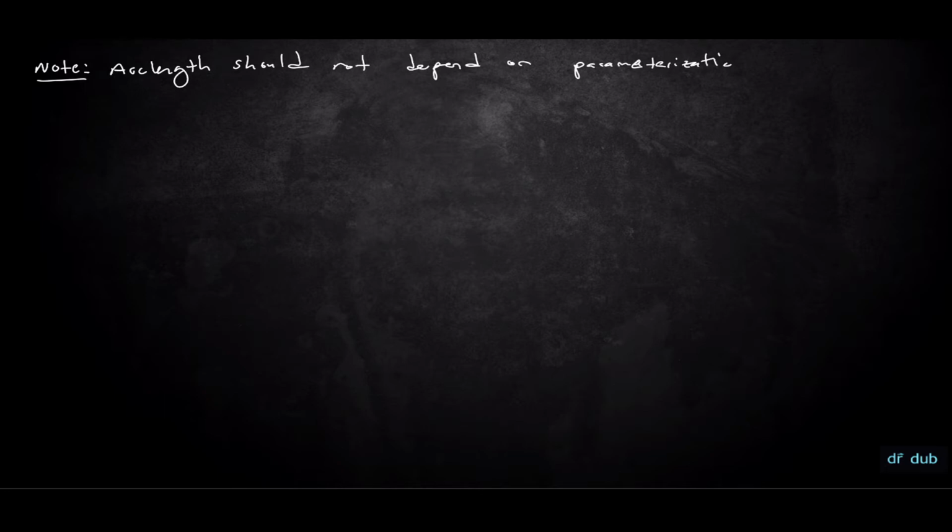Right, it shouldn't, the curve doesn't care how we describe it. The curve just cares about how long it is. It's just some object. You know, the string doesn't care how I choose to describe it with math. It's just the string and I want to know the length of it.